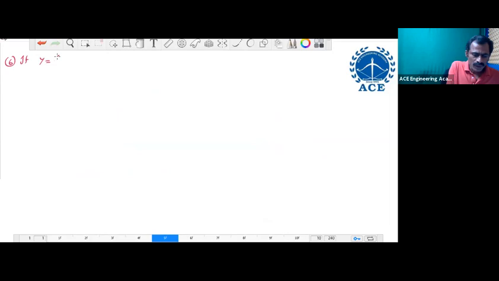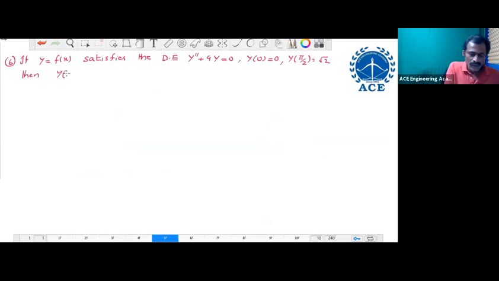If y equal to f of x satisfies the differential equation y double dash plus 9y equal to 0, comma y of 0 equal to 0, y of pi by 2 equal to root 2, then y of pi by 4 equal to. This is the problem.